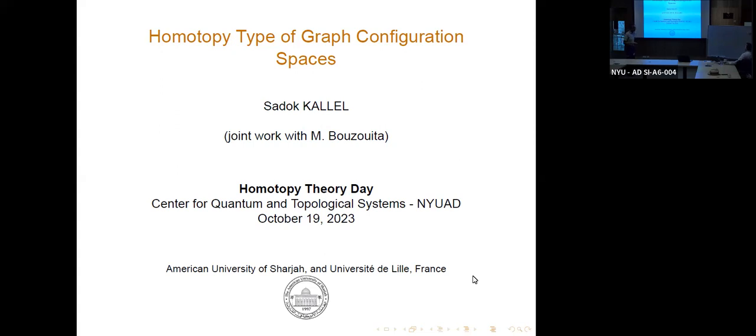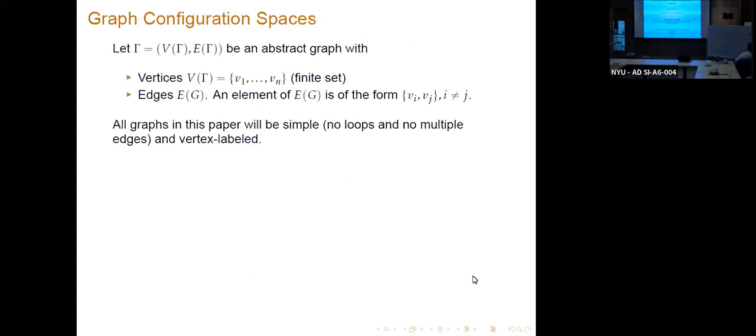So what are those? If you take an abstract graph given by vertices and edges, these are not configuration spaces on the graph. This is a totally different construction.